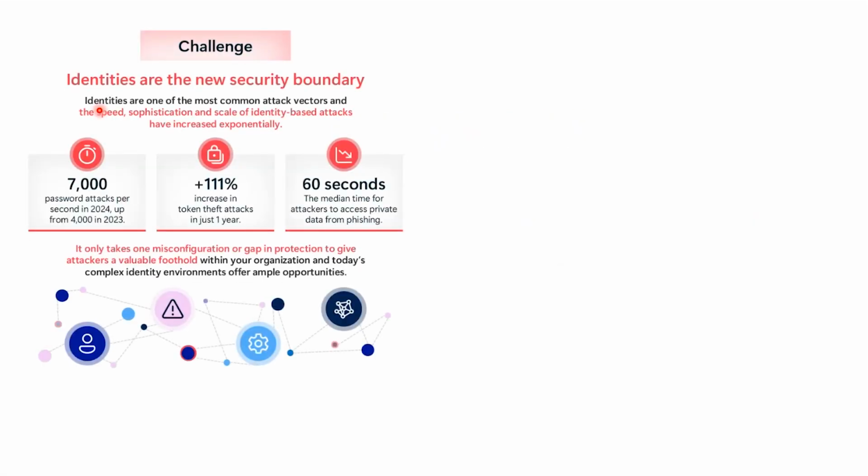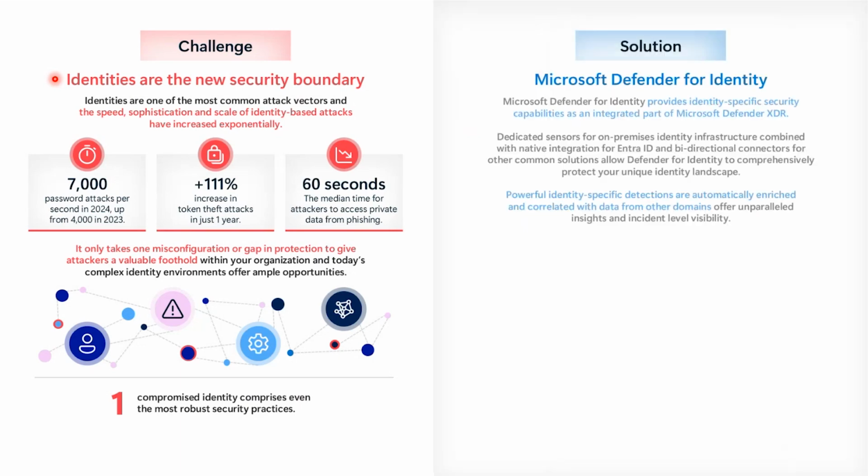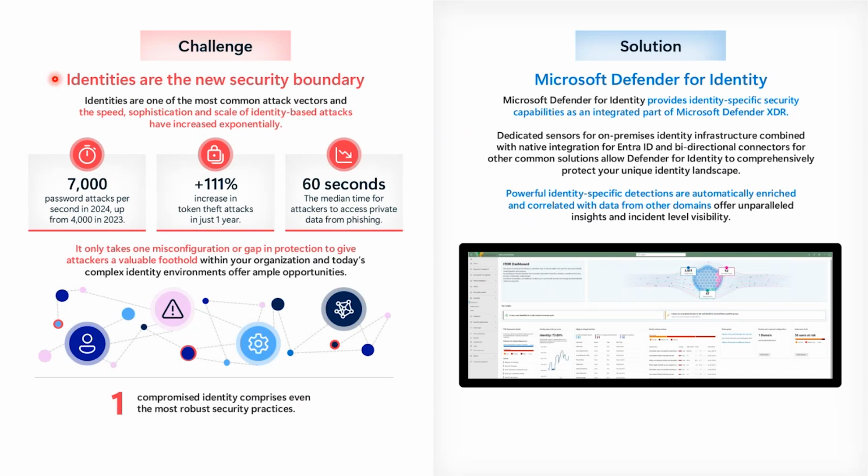Now, challenge: identities are the new security boundary. And as I just said, they're exactly that, because everything is dependent on your identity. It's always based on a username and password. It's always based on credentials. So the idea behind that is to use Entra ID and bidirectional connectors.